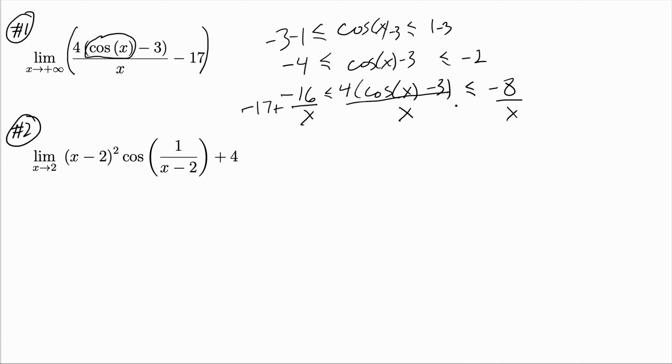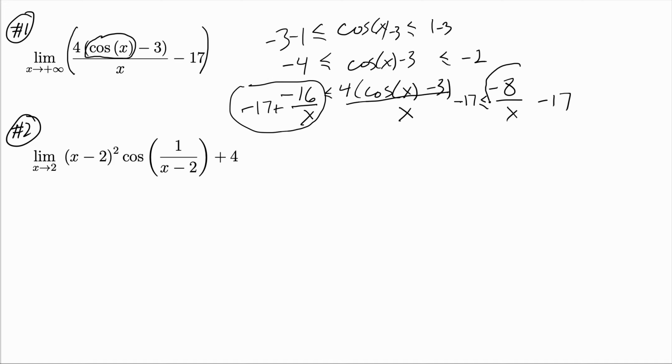So we have -17 less than or equal to the expression, less than or equal to -17. What we've done is we've sandwiched this whole expression that we're taking the limit of between two things, just between this one right here and this one.